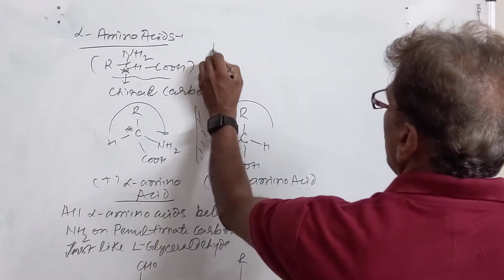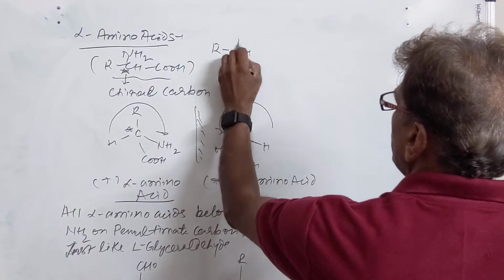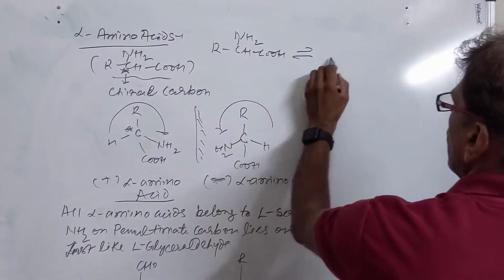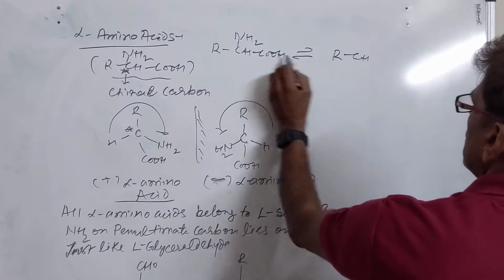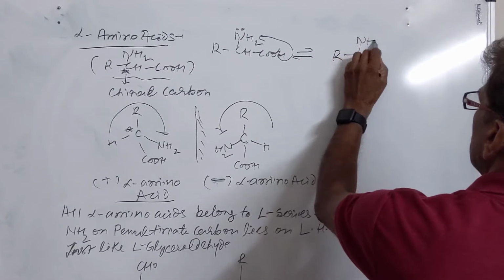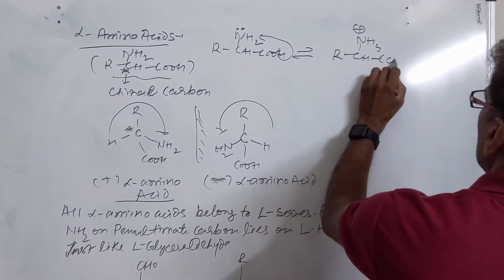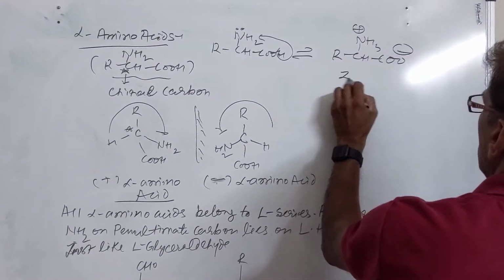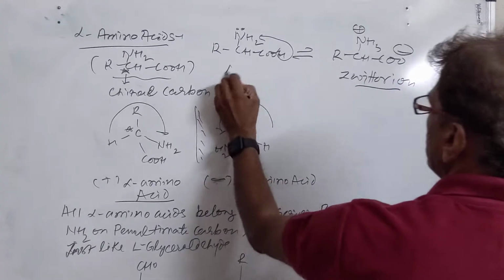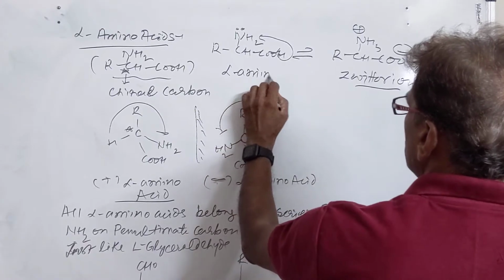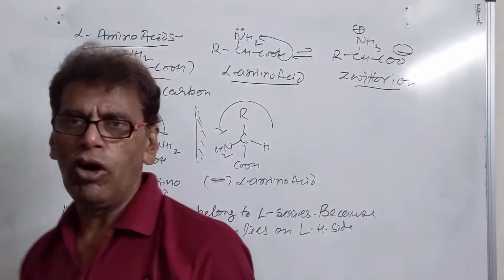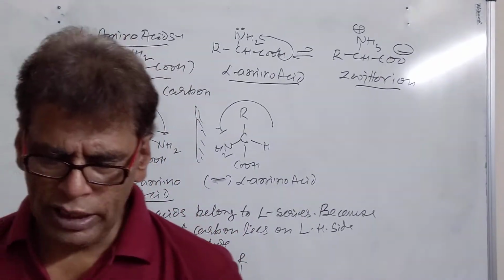So alpha amino acids exist as zwitter ion. This hydrogen migrates to nitrogen, and you will be getting NH3 positive. This is called a zwitter ion or dipolar ion. All alpha amino acids exist in this form. It is due to internal migration of proton from the carboxylic group to the NH2 group.